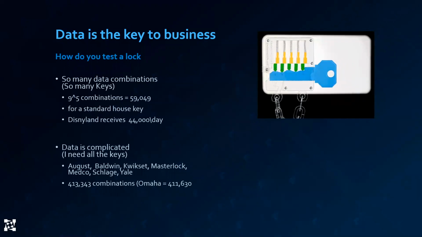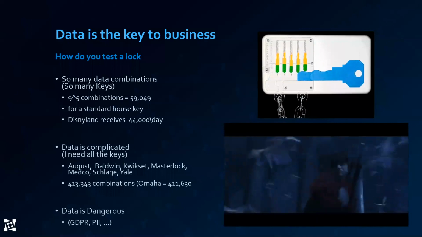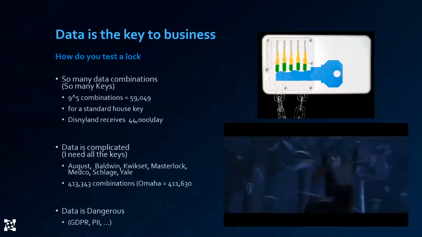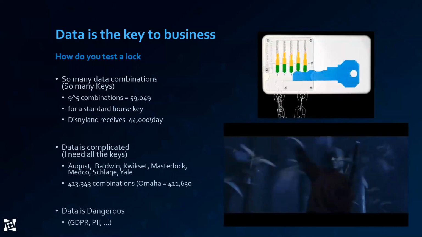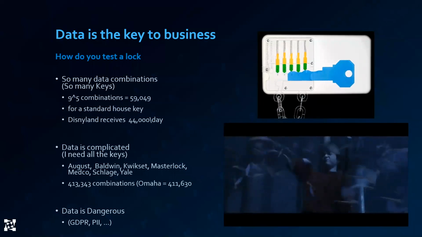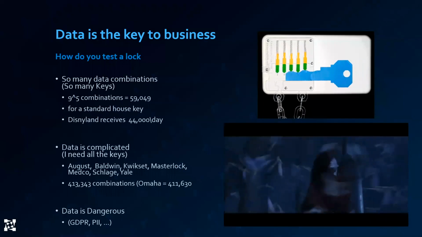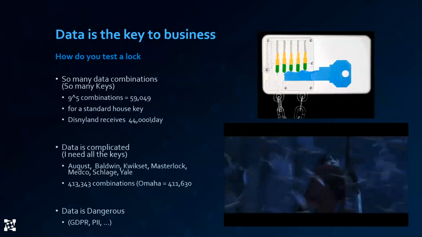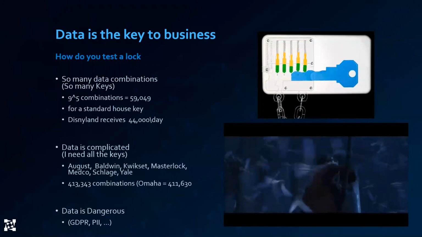So the easy solution might be, well, let's go ahead and just get all of the keys that are out there. But here's the problem. Data is dangerous. I don't know if any of you are Harry Potter fans. I am. This is one of the scenes in the Sorcerer's Stone where he was trying to get one special key to unlock the next piece of the puzzle. But you can't just have all those keys hanging around.